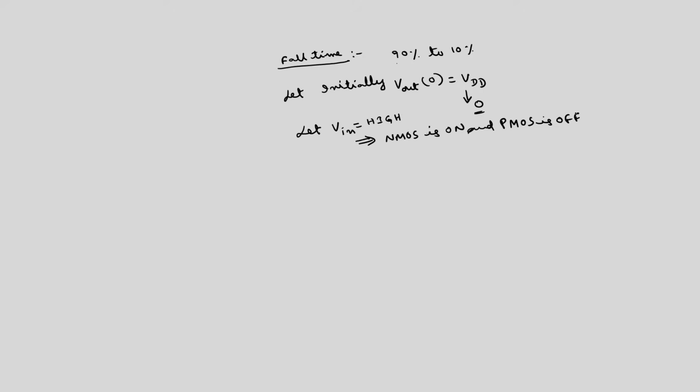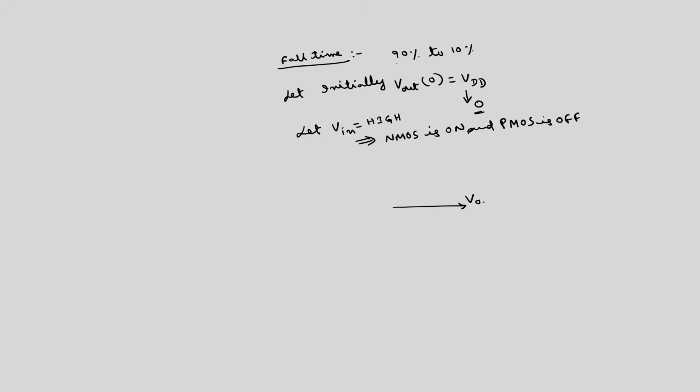So what will be the equivalent circuit? PMOS is off means the off resistance is infinite, so it will be open circuited. Only the lower part will be there. This is the capacitance, this is the output point V out, this is ground, this will be C out, and this is Rn.